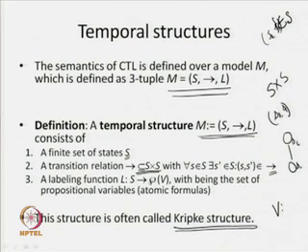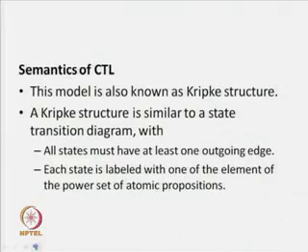So, this is a Kripke structure, which has these 3 components: S, transition relation and L, and the basic requirement is that your transition relation must be complete. For every state, there should be a successor state. So, we are going to define it over a Kripke structure, and if you look into the behavior of the Kripke structure, you will find that it is very similar to your state transition diagram.